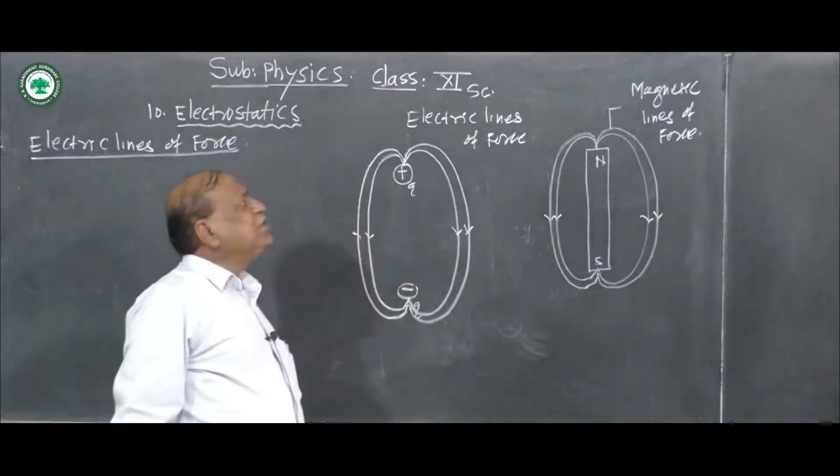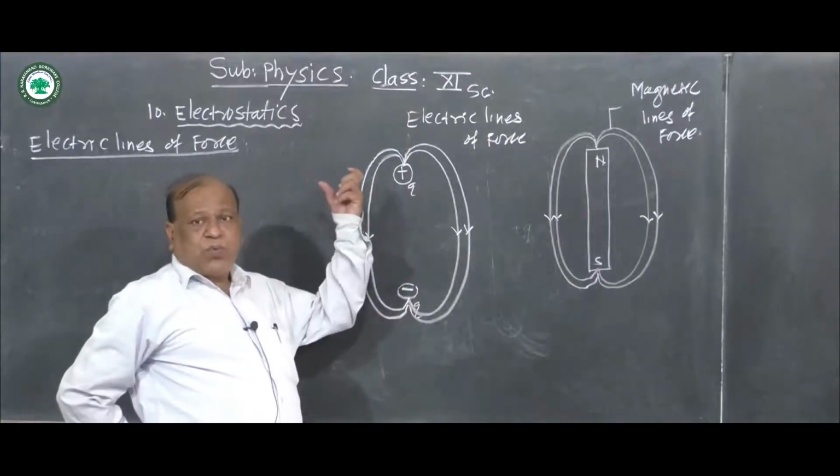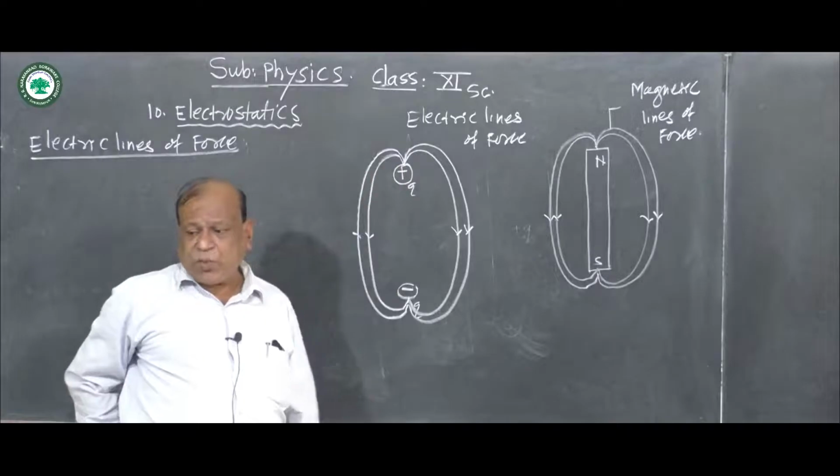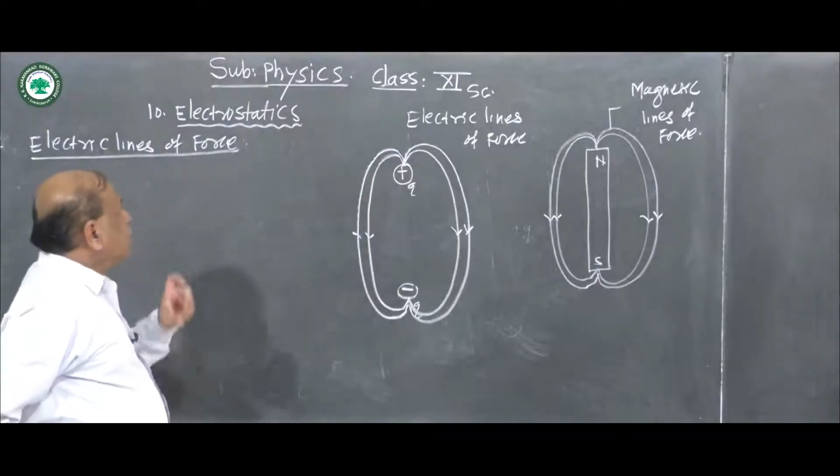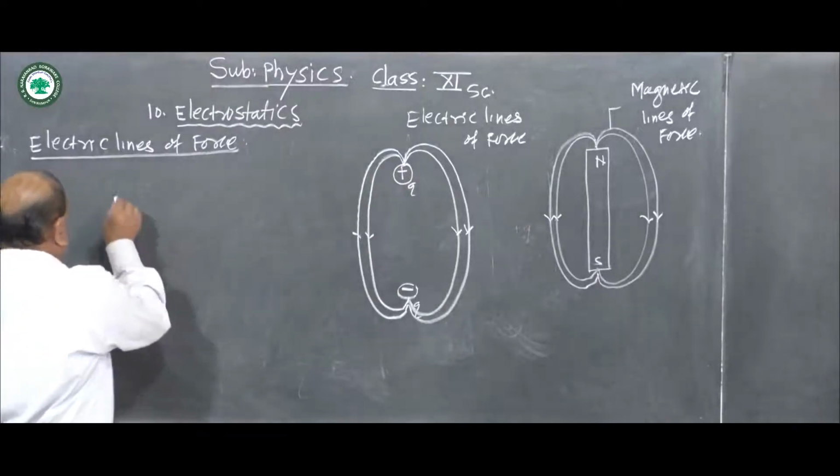These two terms, magnetic lines of force and electric lines of force, were introduced by Michael Faraday.